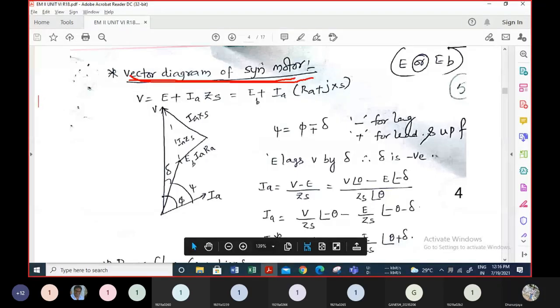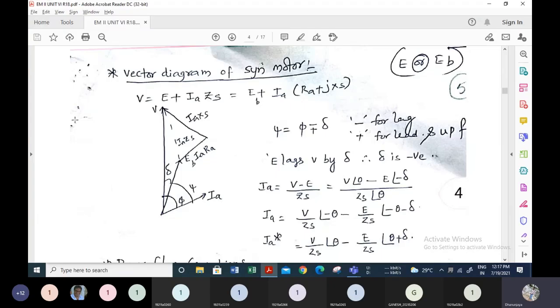Whatever we have discussed for the synchronous generator, the synchronous motor is the opposite. Let me write it in this manner.